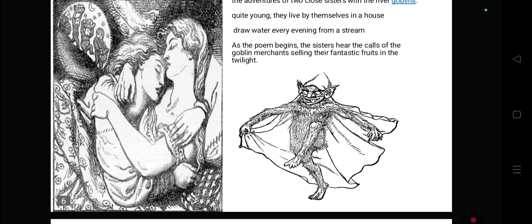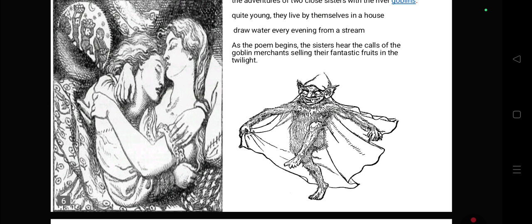As we were talking of pre-Raphaelites yesterday, today we will move ahead in the subsection of that pre-Raphaelite movement. Yesterday we discussed The Blessed Damsel by D.G. Rossetti.